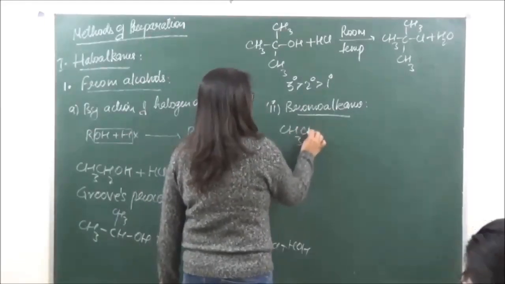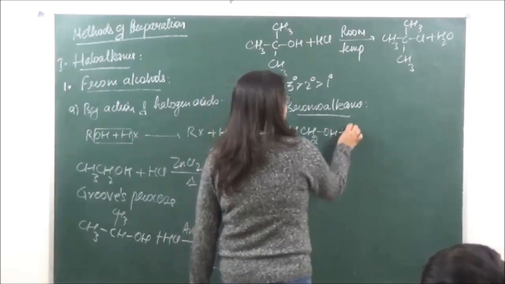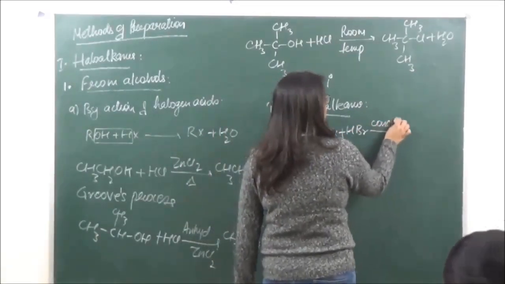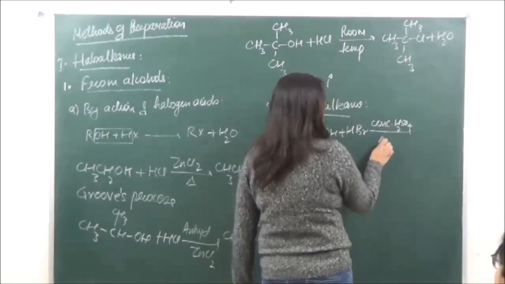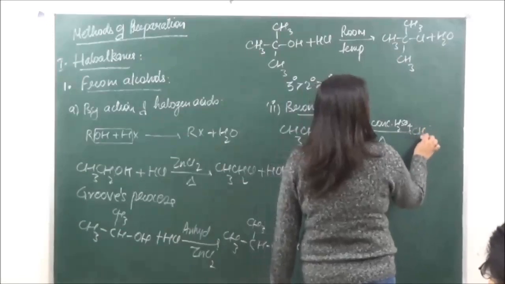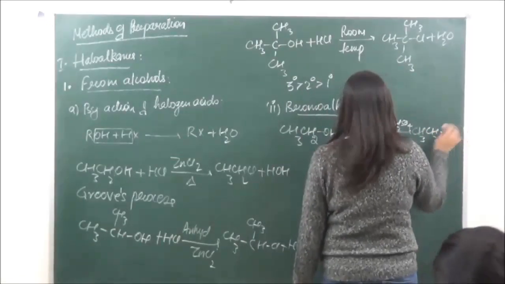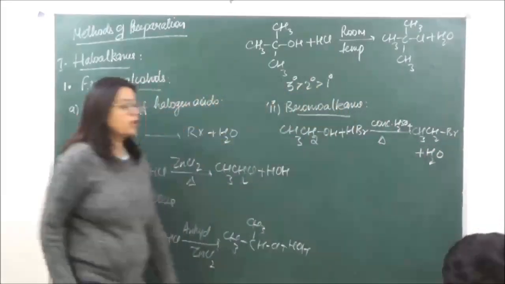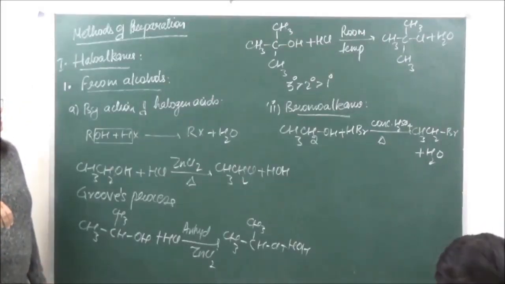So we have CH3CH2OH plus HBr in presence of concentrated H2SO4, and we heat the mixture, when we will get CH3CH2Br plus water. This is how we will prepare the bromoalkanes.